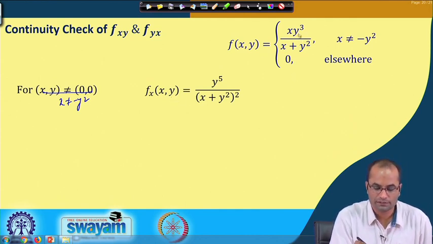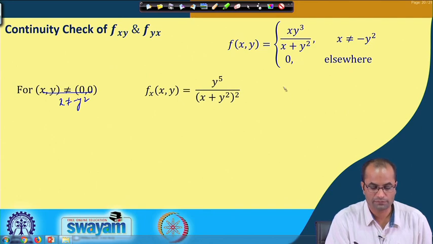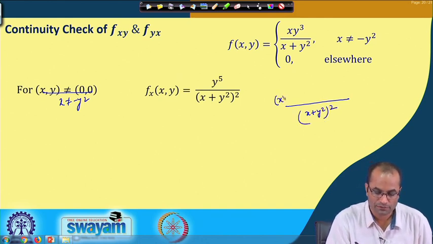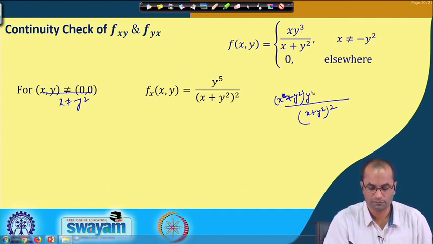So, from here if you want to take this derivative from this f_x(x, y) with respect to x, what will happen? So, here (x plus y square), the quotient rule, the whole square will come, and this term (x plus y square), and the derivative of this with respect to x will be y cube, minus this x y cube, and the derivative here with respect to x will be 1.